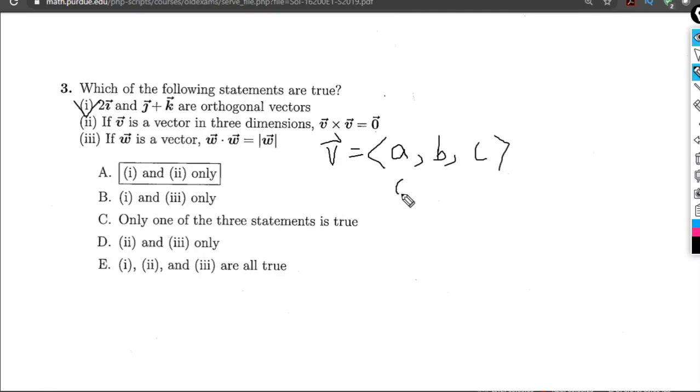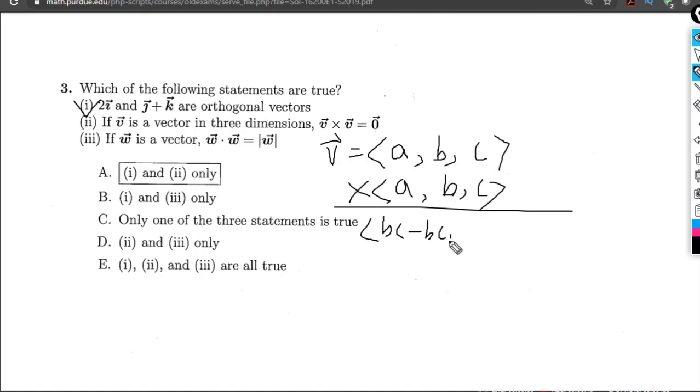When you cross them, the first component would be bc minus bc, the second would be the negative of ac minus ac, and the third would be ab minus ab, which results in 0.